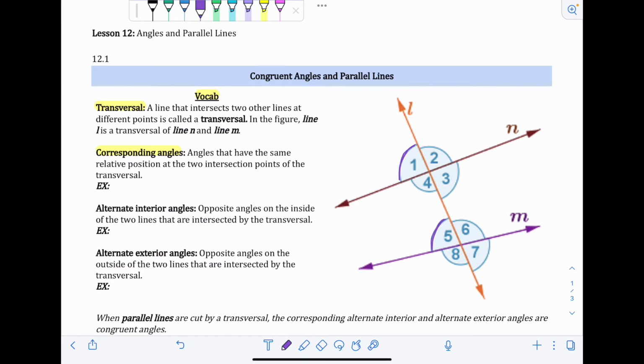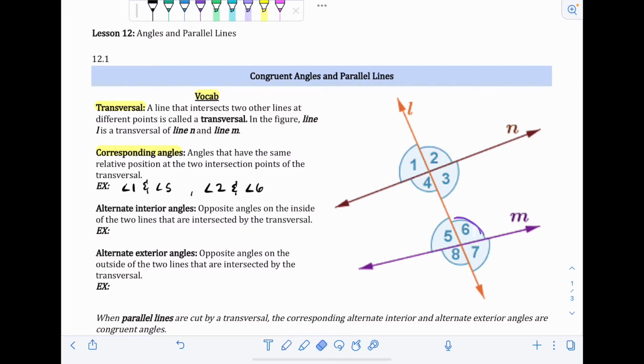Those are corresponding angles because they're in that upper left corner, but at different intersection points. Another set could be angle 2 and angle 6.